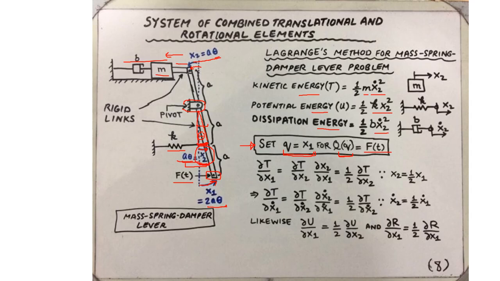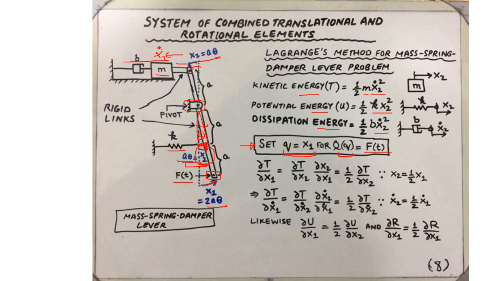So the kinetic energy of the mass is half times m times the velocity squared. The velocity of the mass is x2 dot. Note that we don't care about the direction of x2 as such, because it is going to get squared. So even if it is leftward or rightward displacement, because it is squared, that doesn't matter in the energy function.